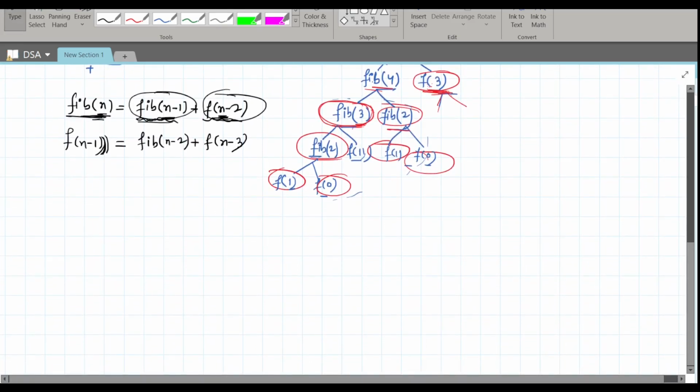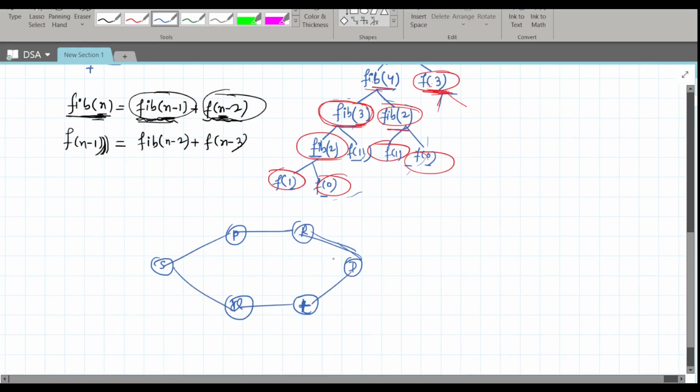So let's say we are given a graph. S, P, these are the nodes. We have to find the shortest distance here.